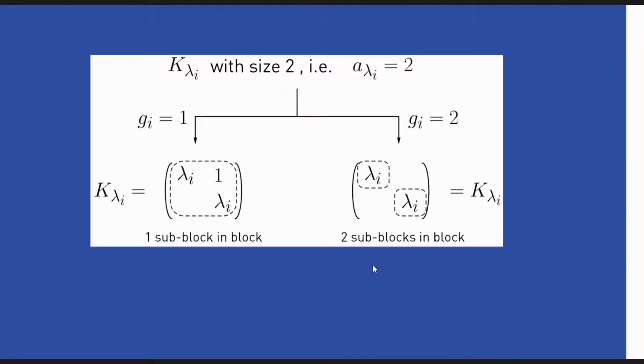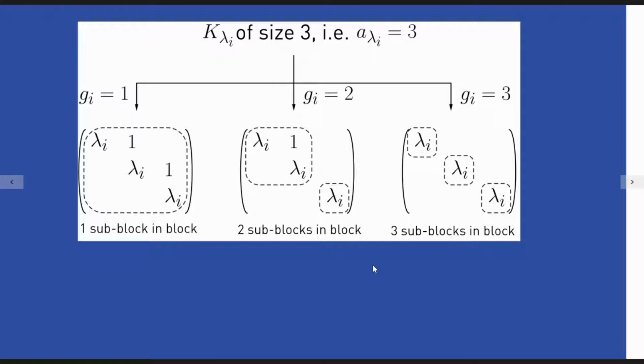In case of a Jordan block of size 3 or length 3, it looks like this here. So when k lambda I is of size 3, which means that the eigenvalue lambda I has algebraic multiplicity 3, we have three options. The first option is that gi, so the geometric multiplicity, is equal to 1.